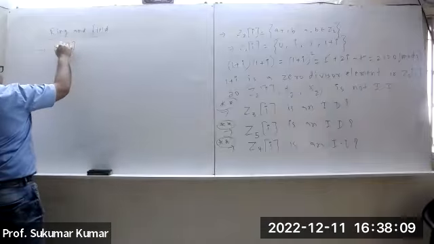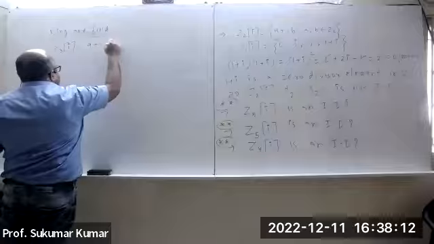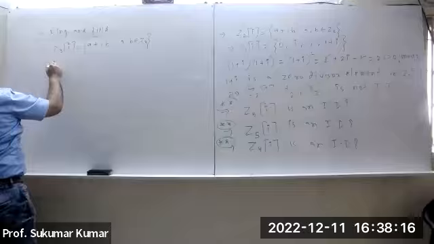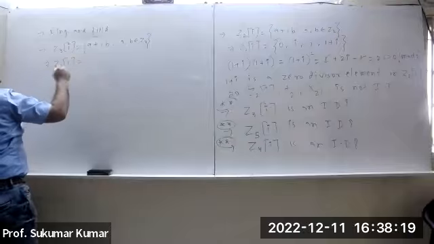Z3 box I, if you solve, A and B from Z3, and the total elements will be 9.